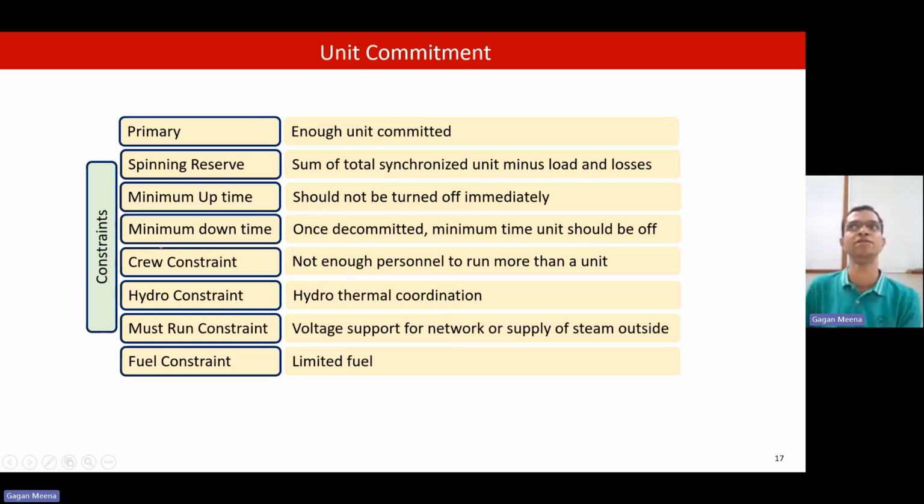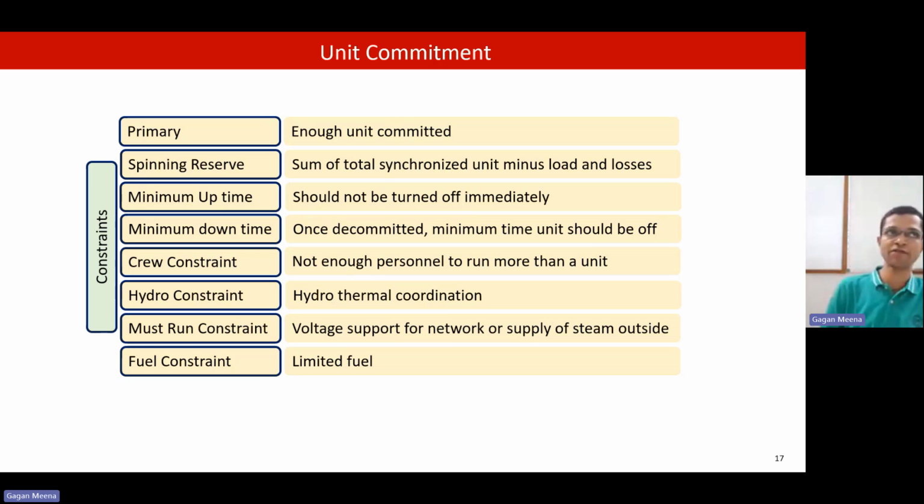In India, winters are generally not that severe, but in European countries or America, the winters are quite extreme. Sub-zero temperatures are there for months together. And in that case, the heating requirement is quite high. So for domestic as well as industrial purposes, steam requirement is there.